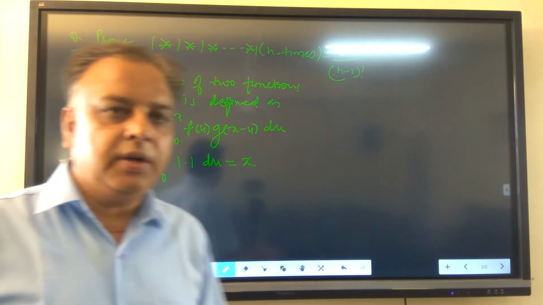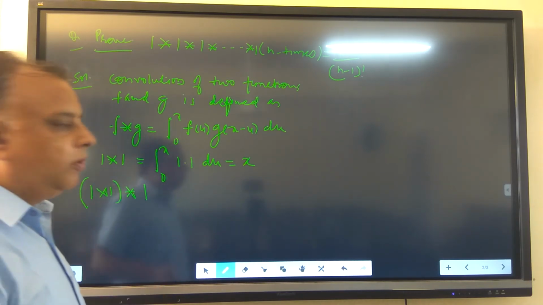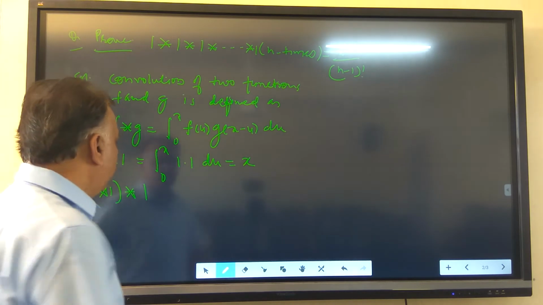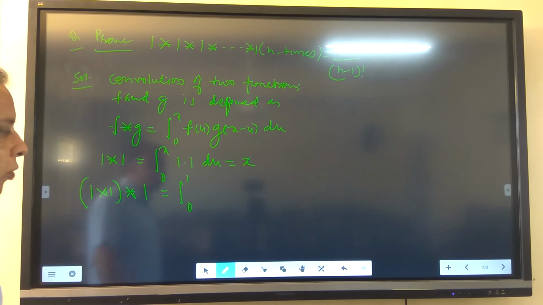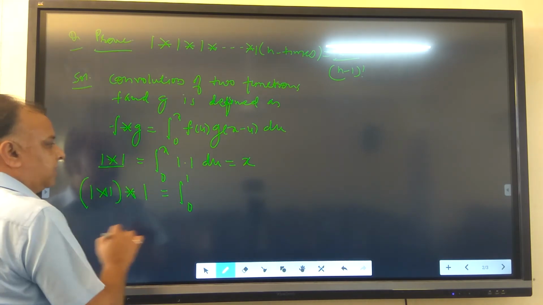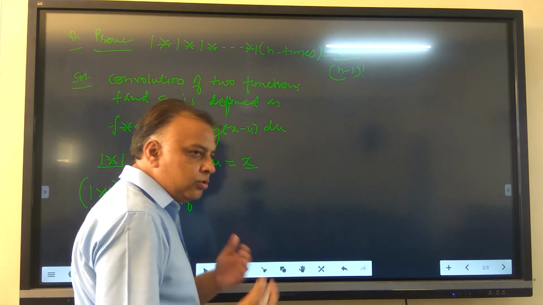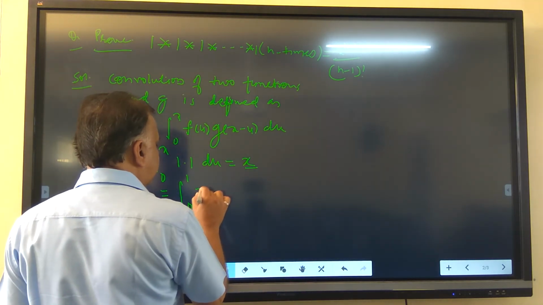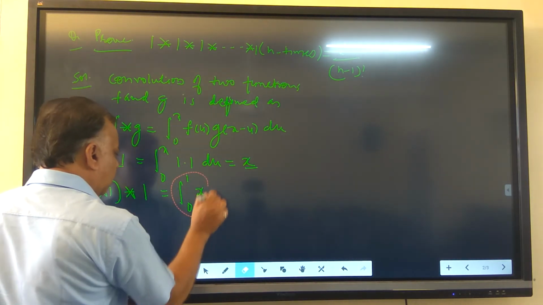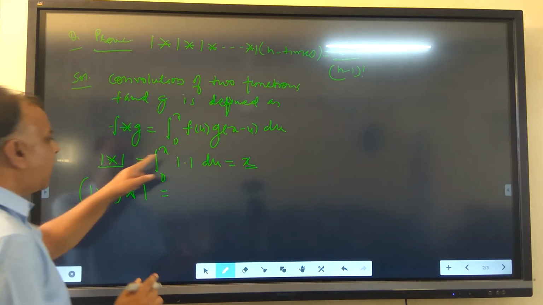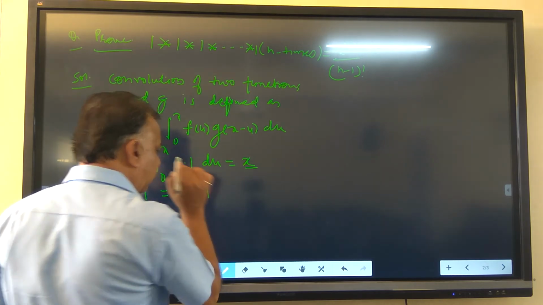The convolution of the function 1 star 1, which we have calculated as x, with 1 again, is x star 1.